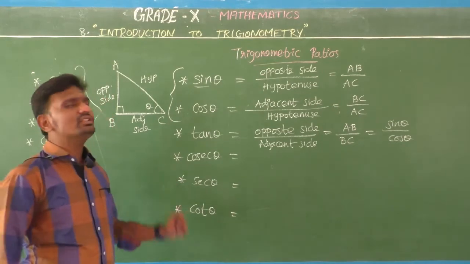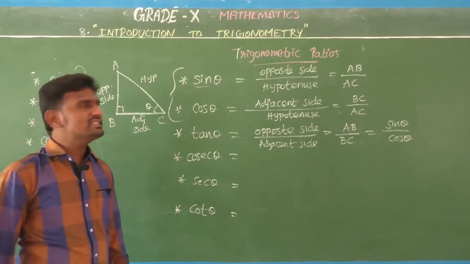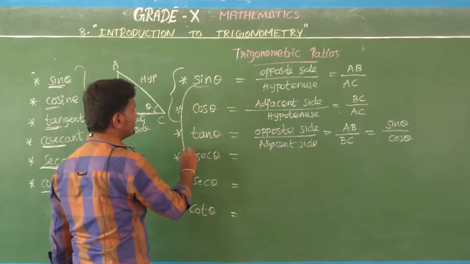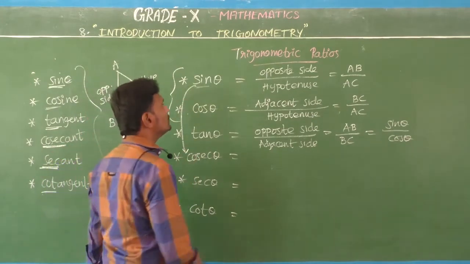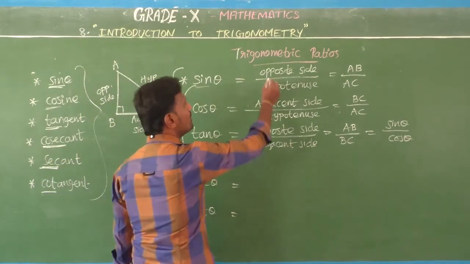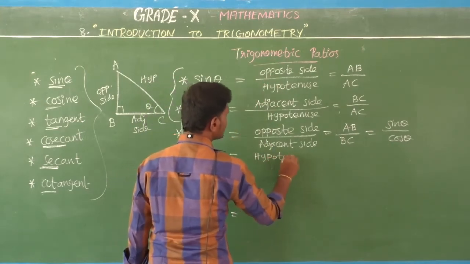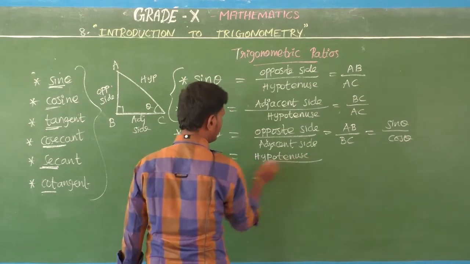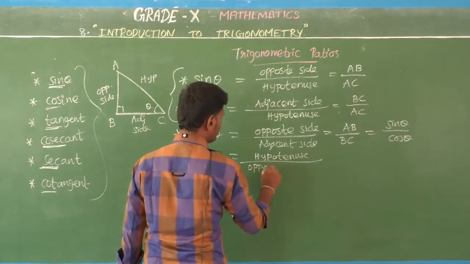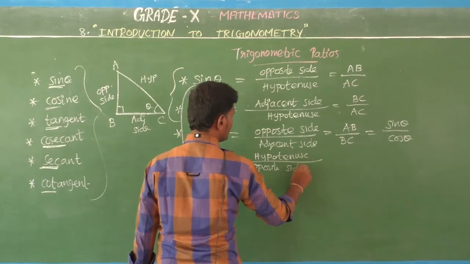Coming to the cosecant, cosecant is the reciprocal of sin. What is your sin theta? Opposite side by hypotenuse. So cosecant theta is hypotenuse divided by opposite side.